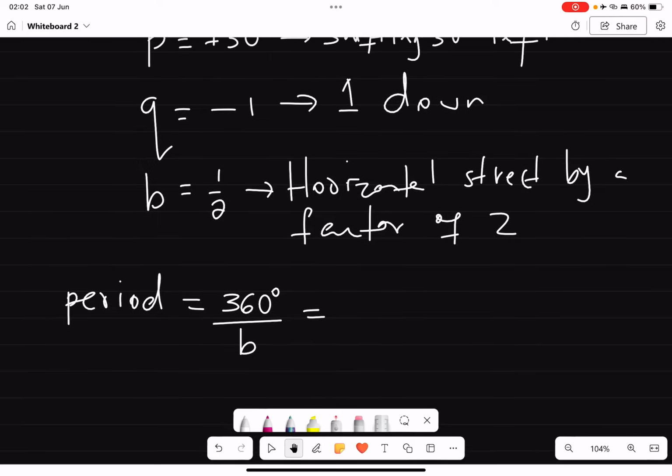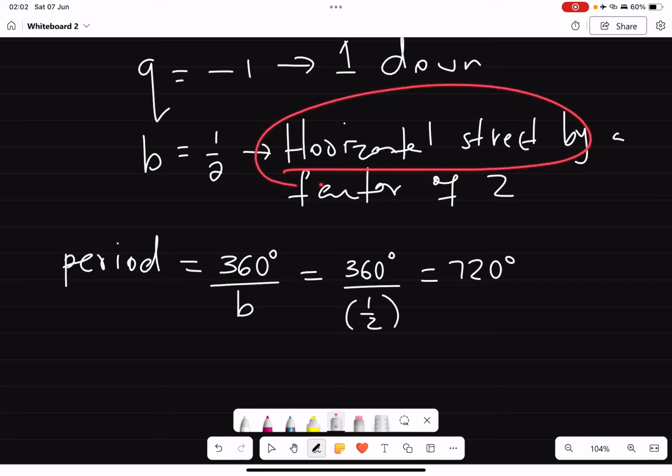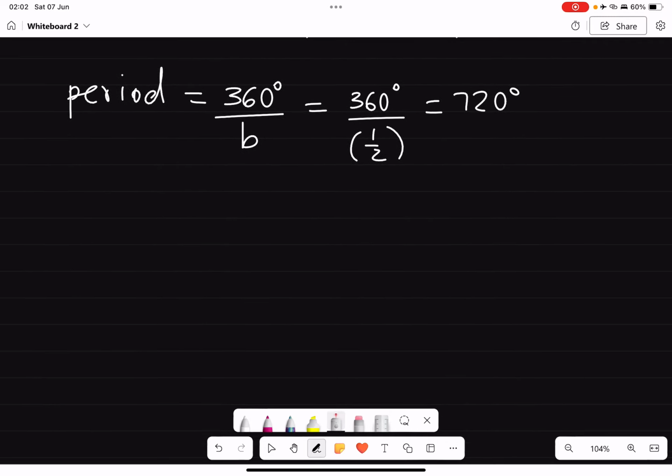And in our case, we said b is half, so we're going to have 360 degrees divided by half, which will give us 720 degrees, which indeed is true that we have stretched the graph because the period got bigger now, you see? So there is indeed a stretch that happened horizontally. All right. Now we need to get the minimum, maximum, and range.